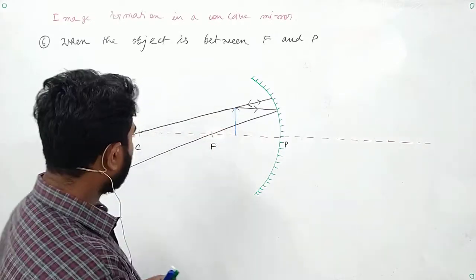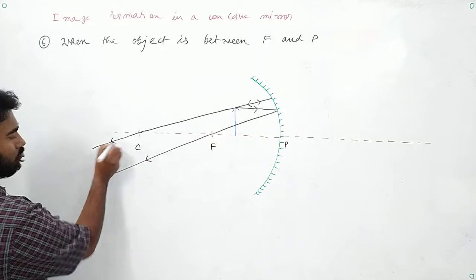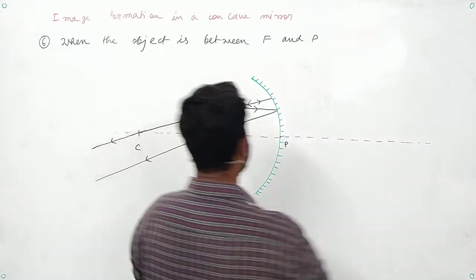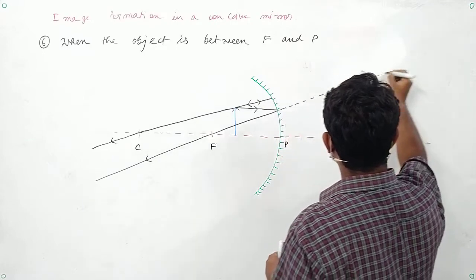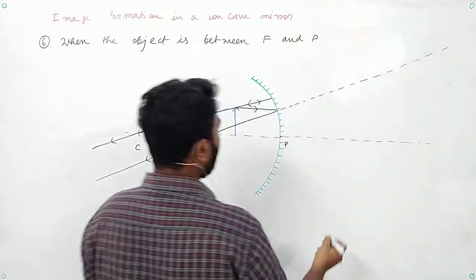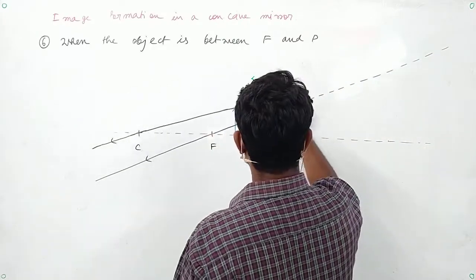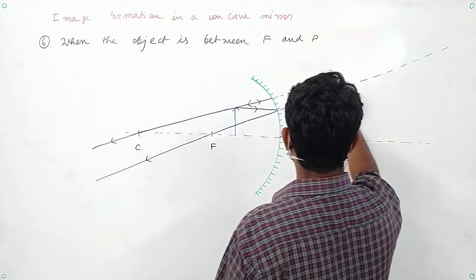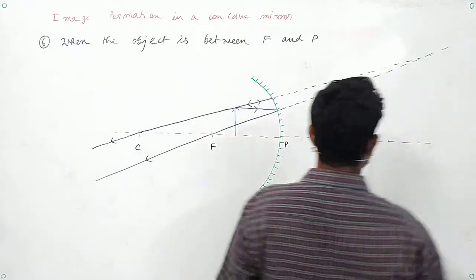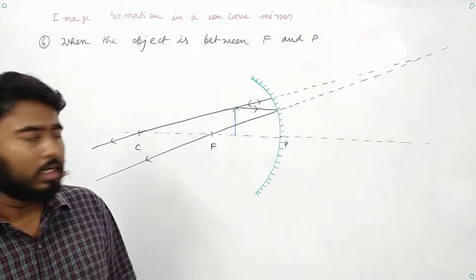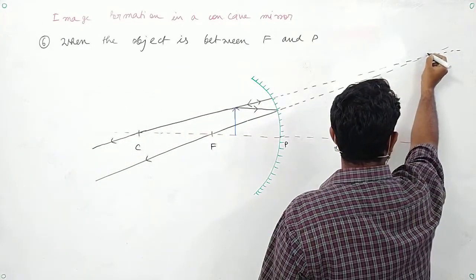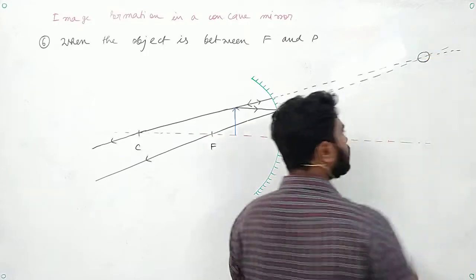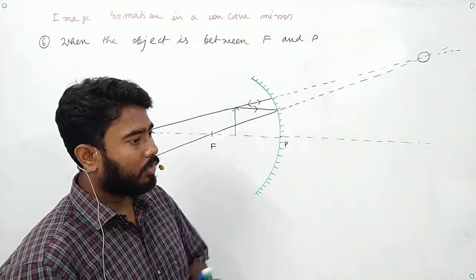Now what we will see, we can extend both of them, right? If we extend both of them, they meet at this point virtually.